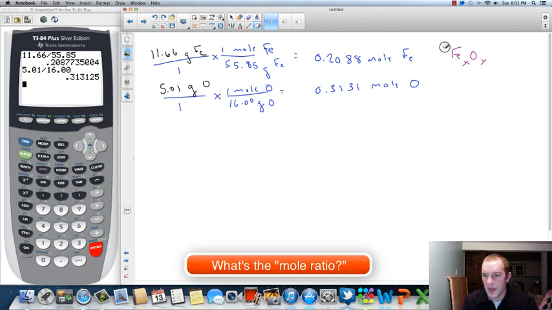So if we divide everything by the smallest number of moles, that's going to turn this 0.2088 divided by 0.2088 into 1.